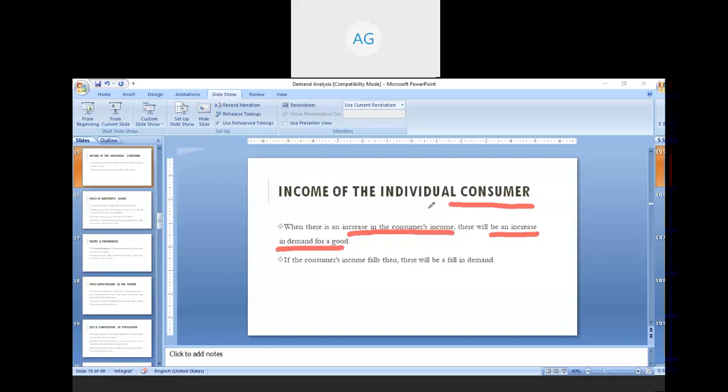So the income plays a major role in the demand of a particular consumer. So if the consumer's income falls, there will be a fall in demand. So our graph which we studied in the previous slide basically changes, because if the consumer's income falls, then there will be a fall in the demand as well. So the first determinant of demand is income of the individual consumer. So moving to the next slide.